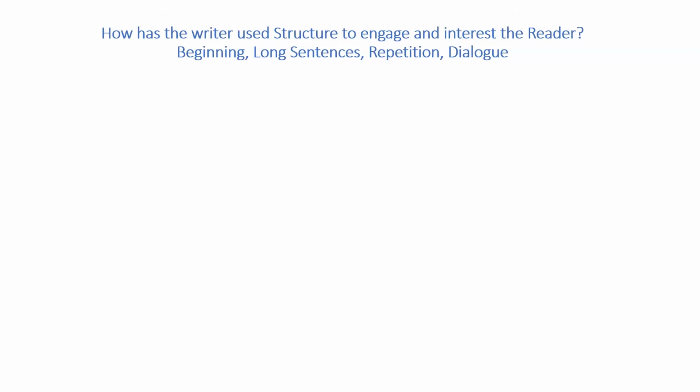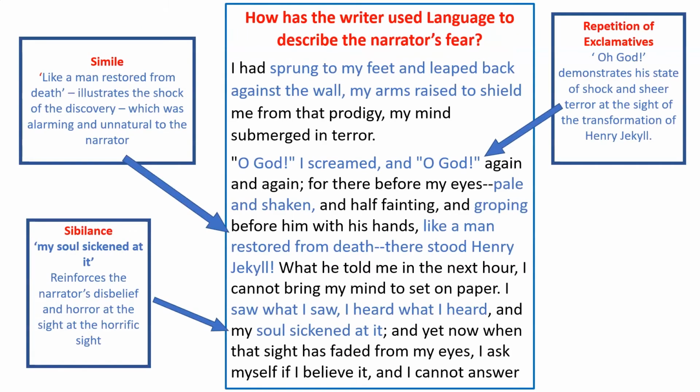Now, there are several structural devices, but in this particular extract, right at the beginning, we can see that the narrator is very emotionally invested in what he sees, because it made him spring to his feet and leap backwards because he was terrified.